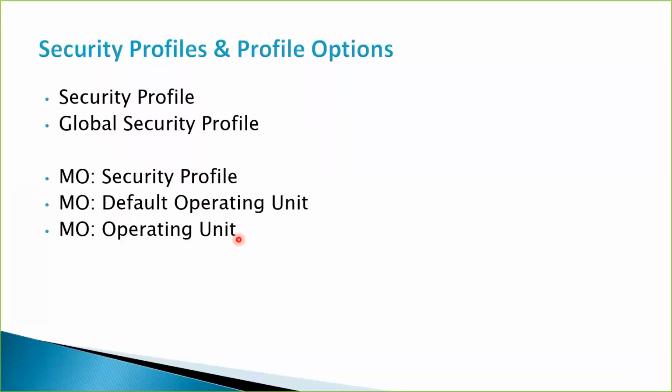MO operating unit is used to assign just a single operating unit in the case where you don't have a security profile which has multiple operating units. Which means that if you assign a responsibility a security profile containing multiple operating units, then you don't have to assign anything under the MO operating unit.